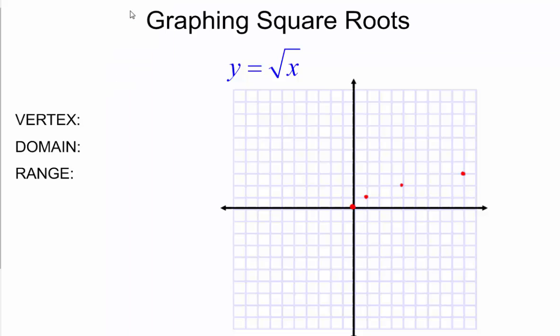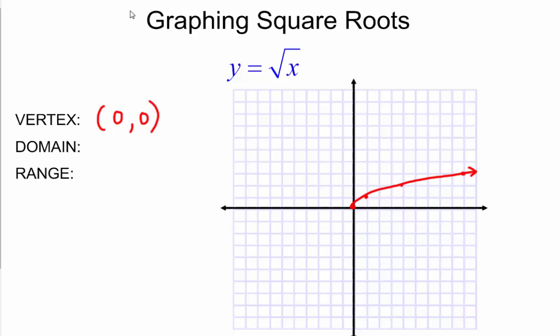Now I can sketch this graph, and notice it will continue on forever in one direction. In this case, my vertex, or my starting point, is at 0, 0. So I can label that as my vertex.